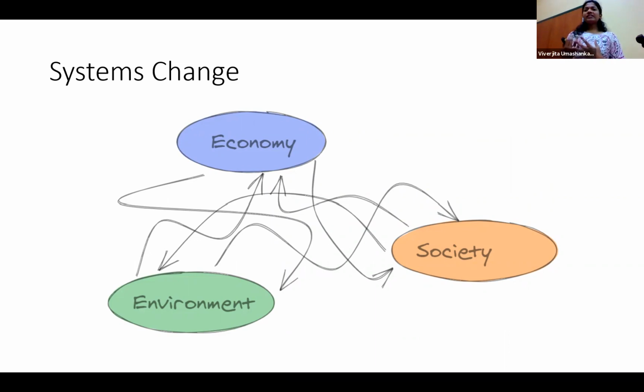And our systems can be said to comprise literally three parts: the economy, the environment, and the society. Though the circular economy is, from an economic perspective, motivated by the environmental impact, it really isn't standalone because there are complex interconnected relationships between the three.